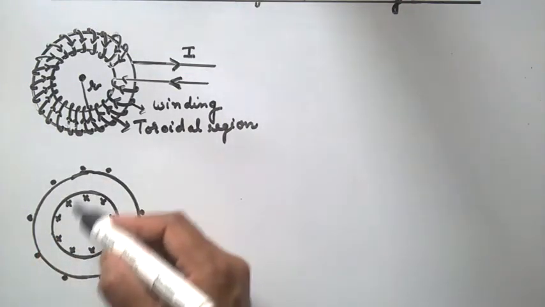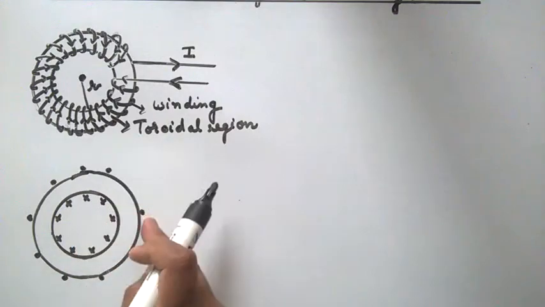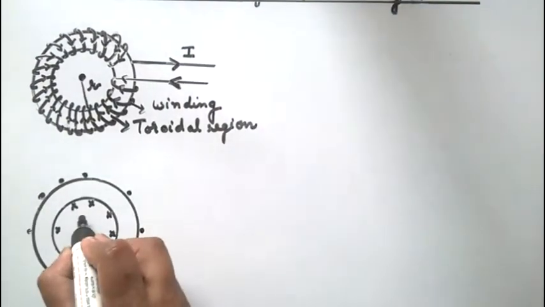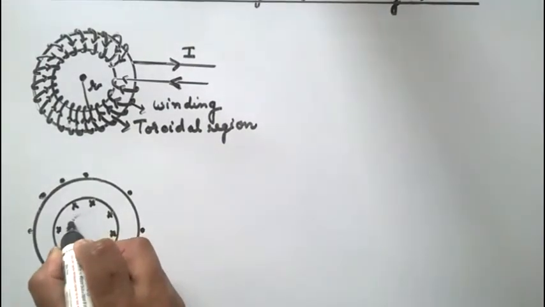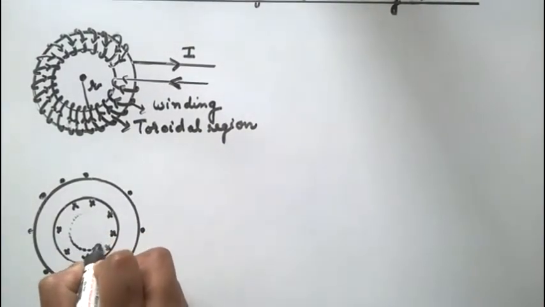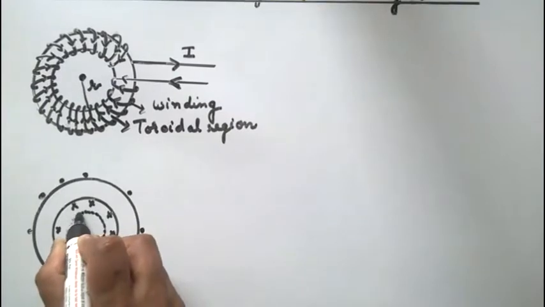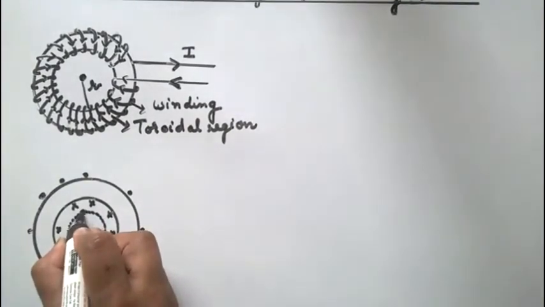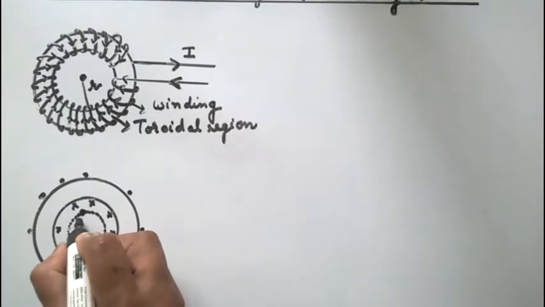Now divide this into three parts. Consider an Amperian loop which is passing through point P.